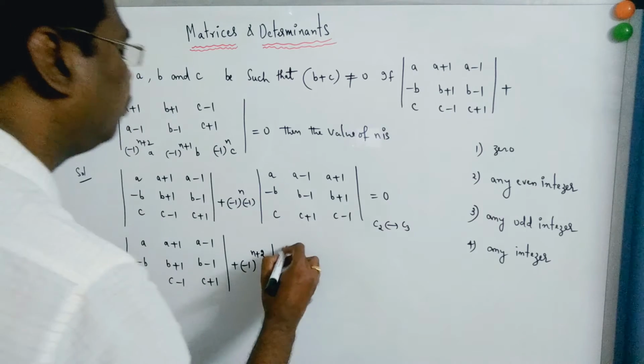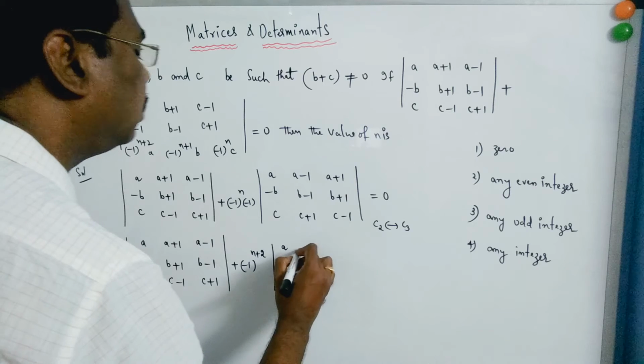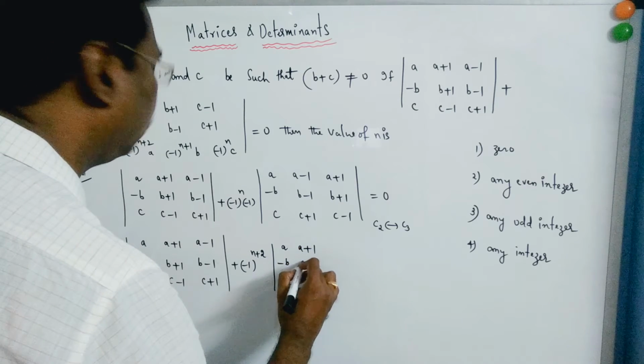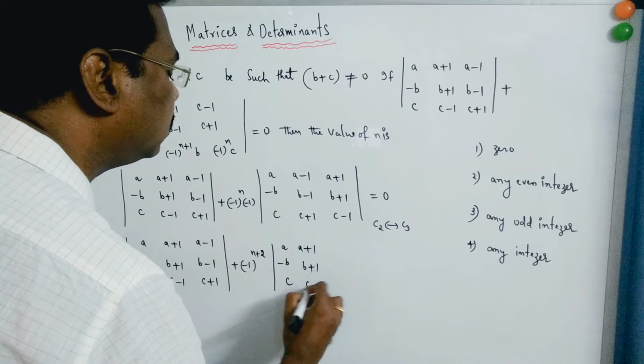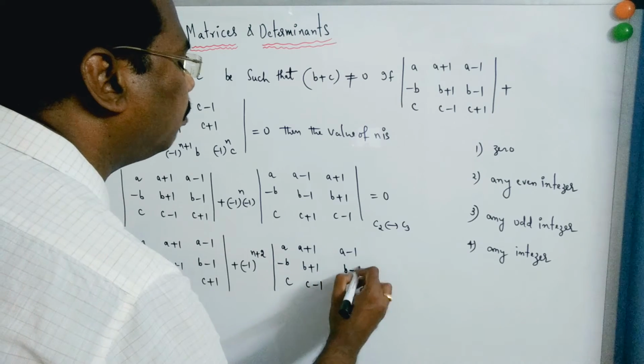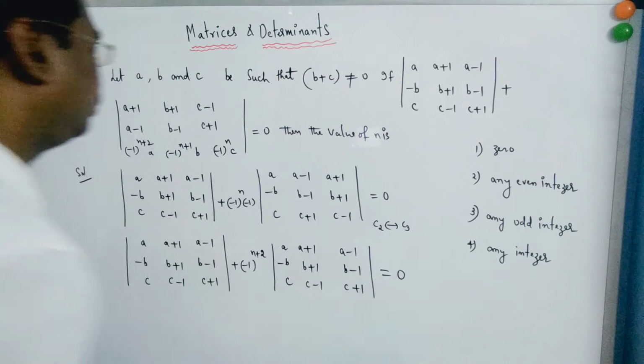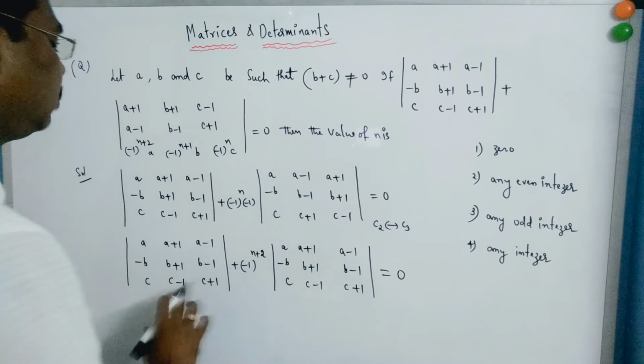Now det of A minus B, C; A plus 1, B plus 1, C minus 1; A minus 1, B minus 1, C plus 1 is equal to 0. Now both have the same values there.